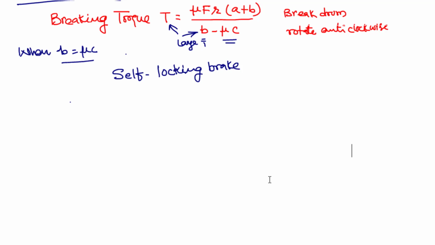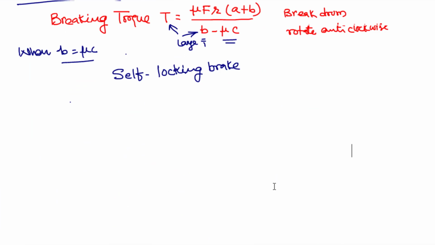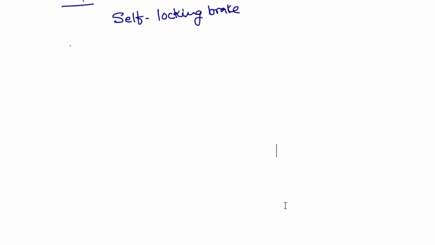Next is the band brake. It consists of a rope or belt or flexible steel band which is pressed against the external surface of a cylindrical drum or brake drum when the brake is applied.